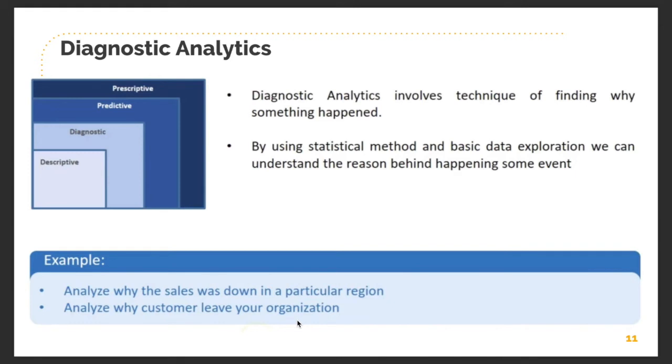An example is when you analyze why sales were down in a particular region or in a particular period. And if you analyze why your customers don't buy anymore, is it because of something else? We are interested to find out what causes that particular behavior.